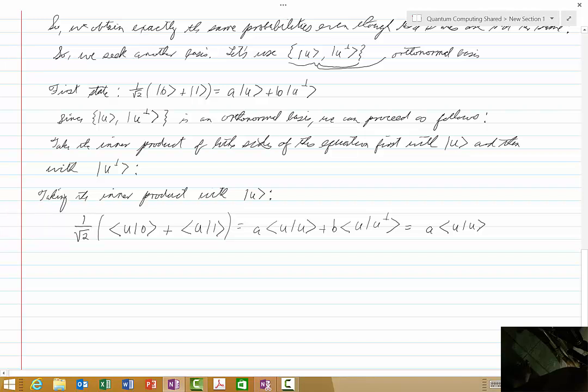Furthermore, remember that u is a unit vector or normal vector, and therefore the inner product of u with itself is simply 1. So we have a times 1, or a. And so therefore we immediately have the answer that a is equal to 1 over square root of 2 times the inner product of u with 0 plus the inner product of u with 1.